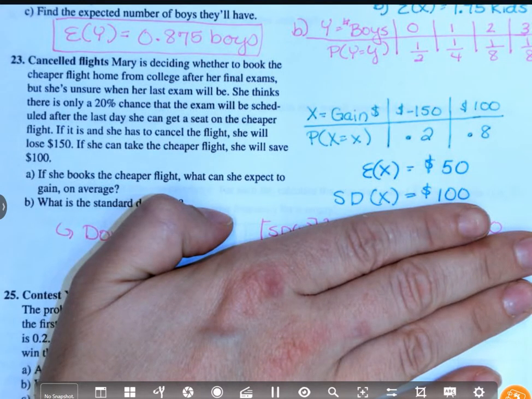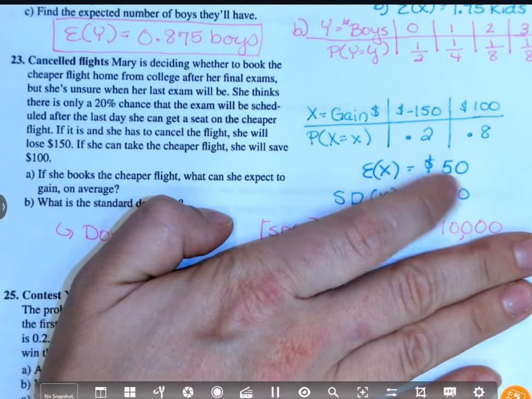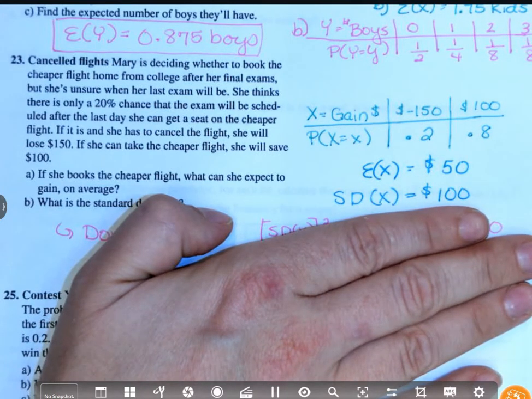So let's think about that. The expected value. What does that mean? The average over the long term. So if she were to play this game and the probability stayed the same, in the long run, she would come out ahead $50 each shot.